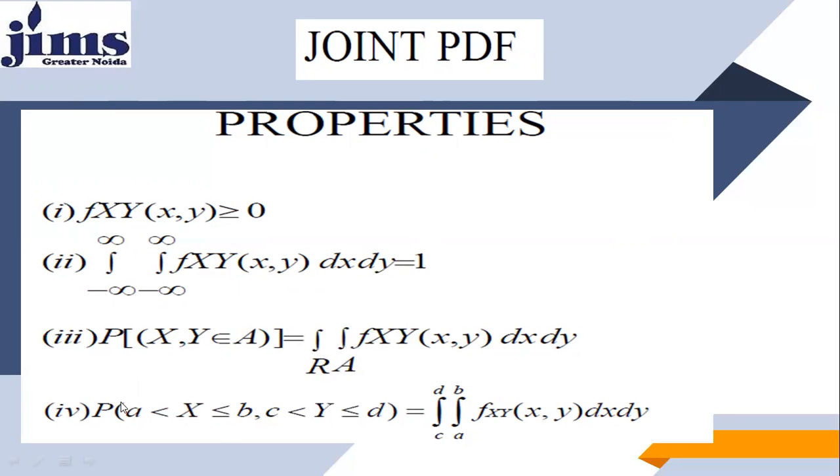Look at this fourth one. Capital X lies between a and b, and Y lies between c and d. So you put these two ranges in this particular expression and you get the probability, or you could say the joint probability.